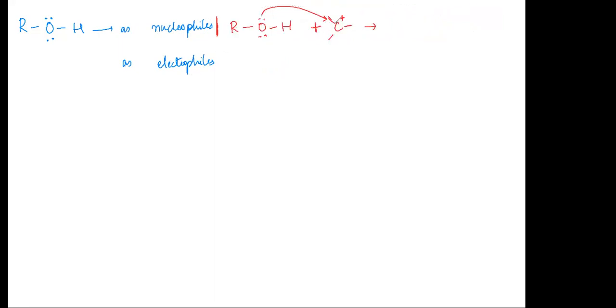So in the presence of an electron poor species, like for example a carbocation, the lone pair of electrons is the part that makes the alcohol a nucleophile. So once the lone pair attacks the electron poor part of it, you finally get, so you have the carbon, the alcohol ka oxygen attacks. Now this is already attached to R का group and you have hydrogen.